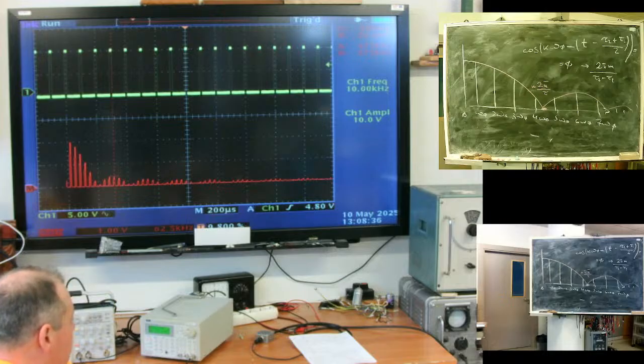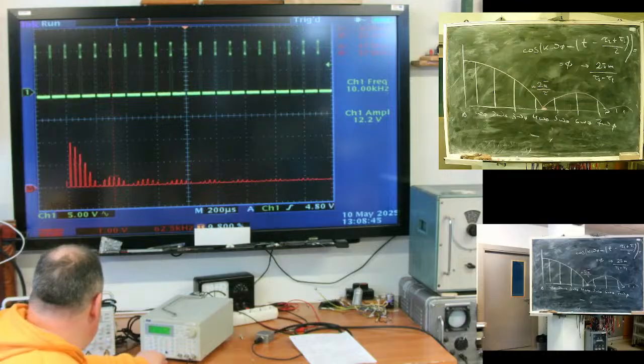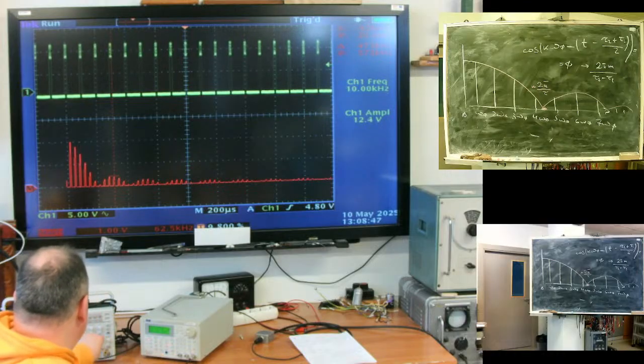Can we try to put a signal inside? For example, like this.